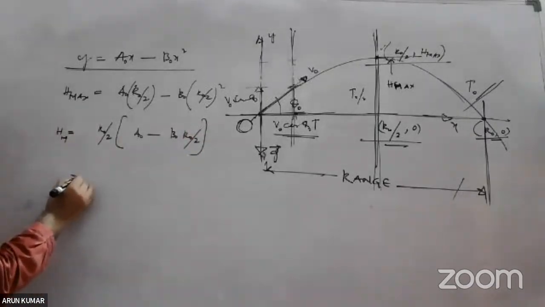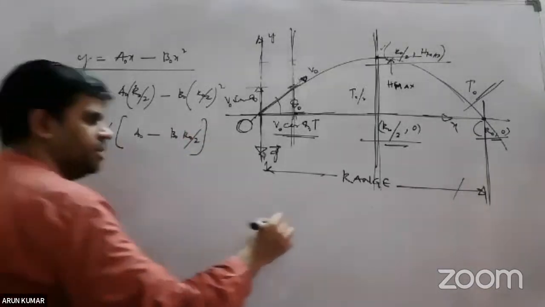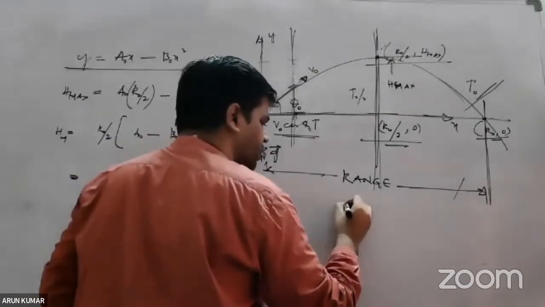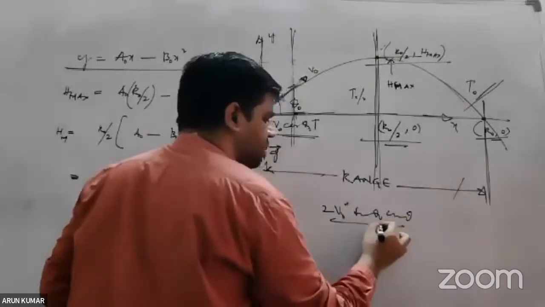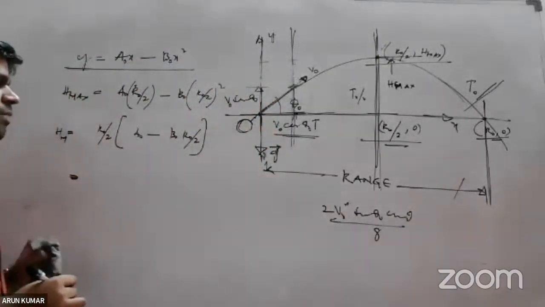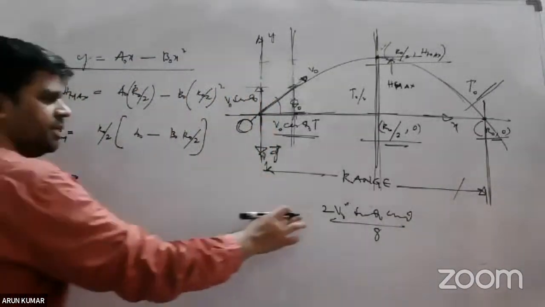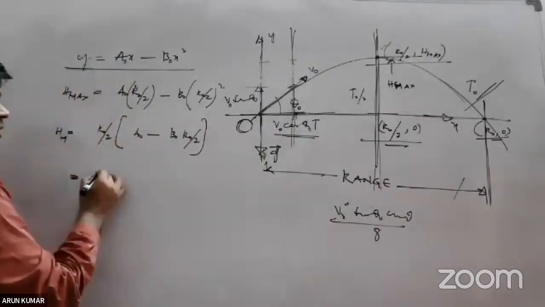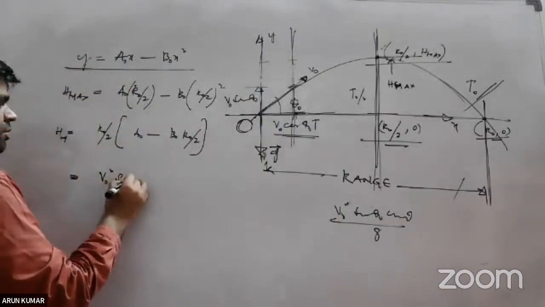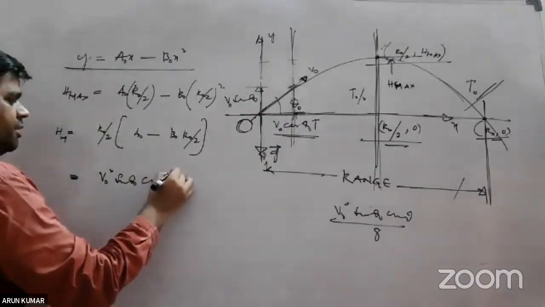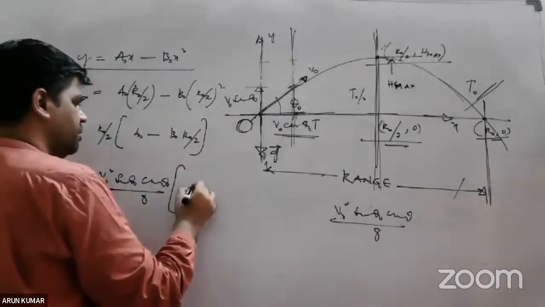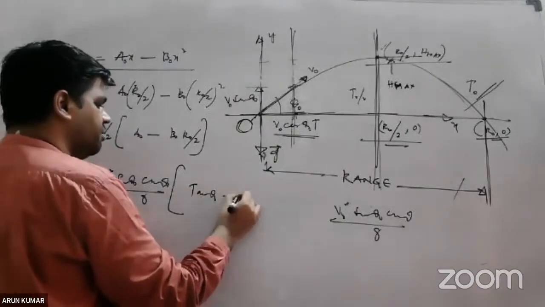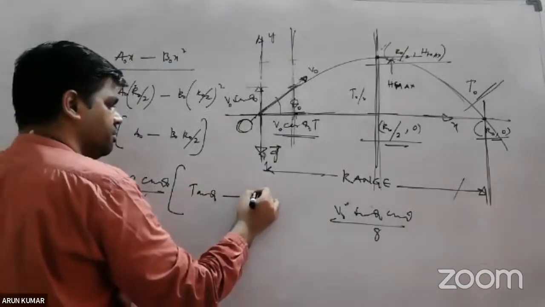Now I substitute r0/2. What is r0? v0 square into 2 sin theta cos theta by g. That is r0. For r0/2, the 2 goes away. So that is nothing but v0 square sin theta cos theta by g into tan theta minus b0.